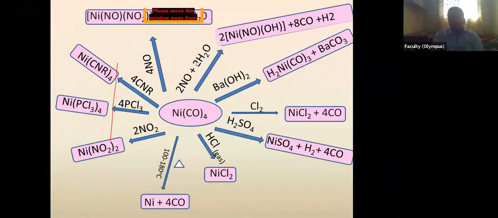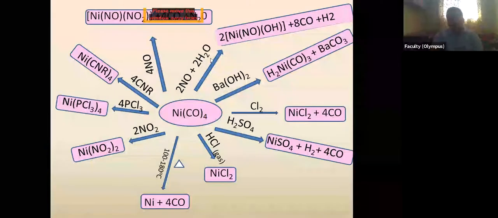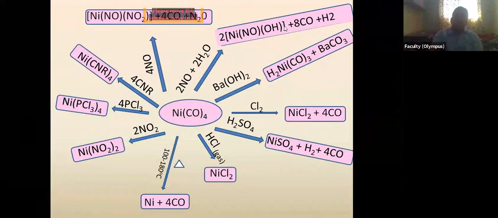Then the reaction with nitrogen oxide. When nickel tetracarbonyl reacts with aqueous nitrogen oxide, we get a nitrosyl hydroxide complex, plus carbon monoxide and hydrogen.